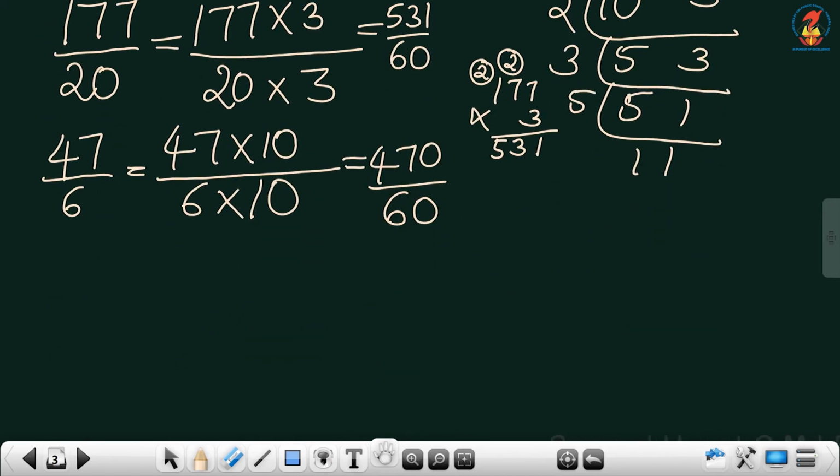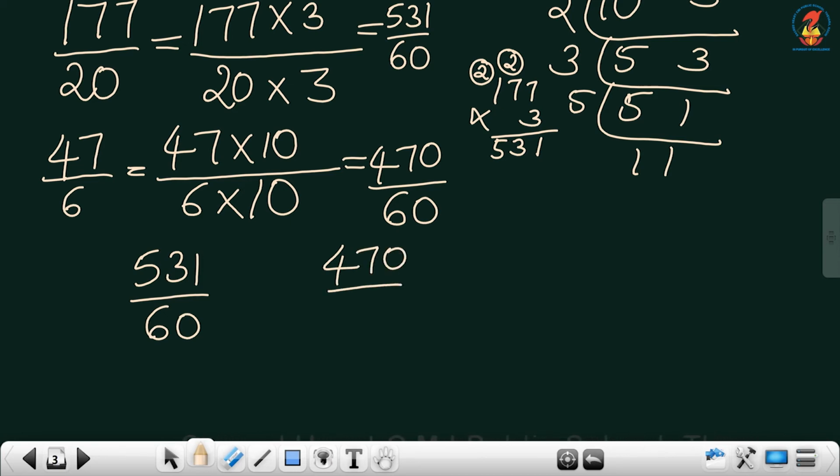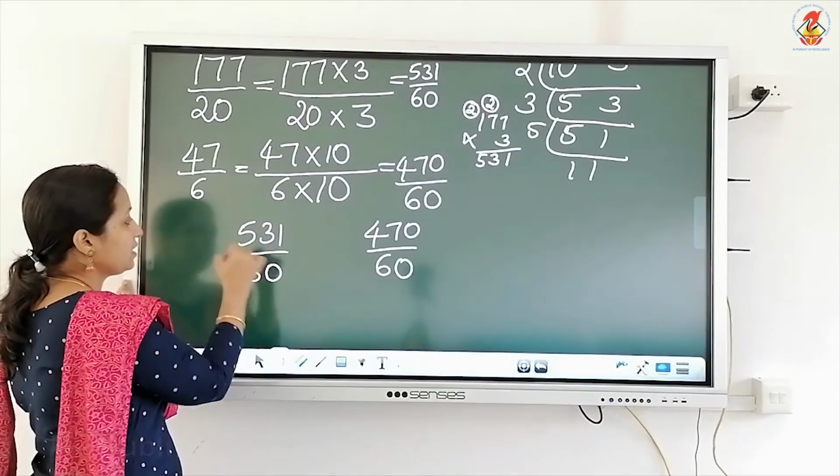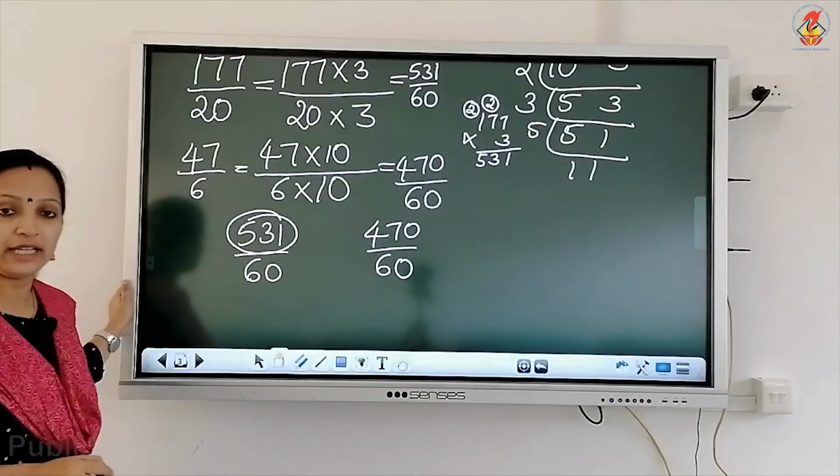How will we compare like fractions if the denominators are the same? 531 by 60 we got and 470 by 60 we got, is it? And we already studied that if the denominators are the same, we can compare the numerators. So always the greater numerator will be the greater fraction.